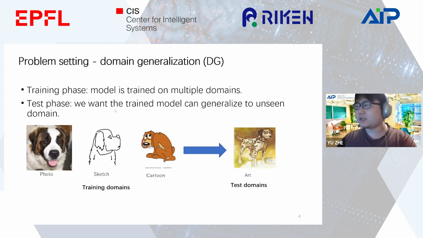In the test phase, we want the trained model to generalize to an unseen domain. For example, we test the trained model on the art domain. I'd like to remark that the art domain is not included in the training domains, so this is an unseen domain for the classifier.